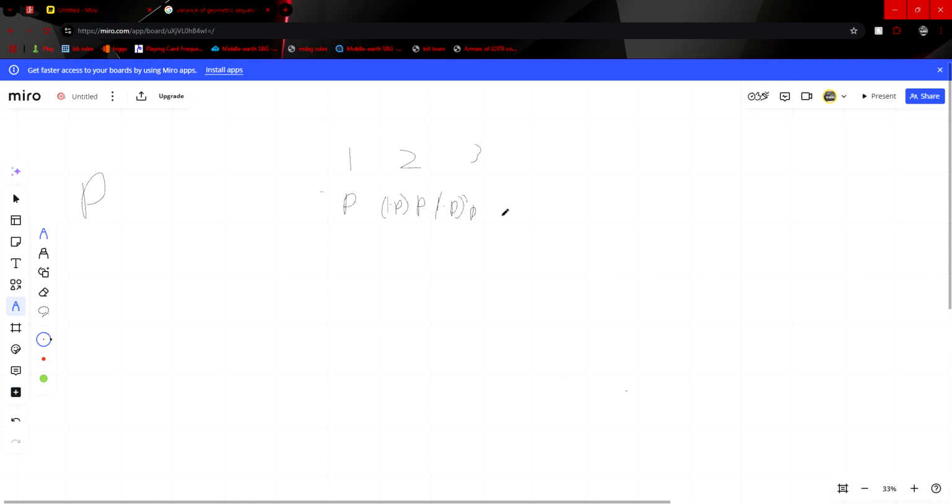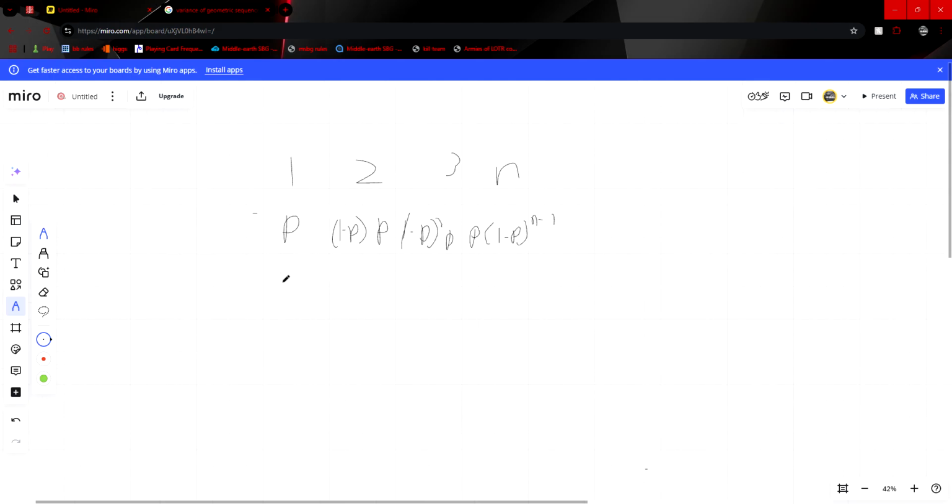And so you see they've all got this p, and then it's 1 minus p to the n minus 1, which is like this nth term. Because you're failing n minus 1 times and then succeeding once in that order, because you can't just succeed sometime and fail immediately after, because it immediately stops as you succeed.